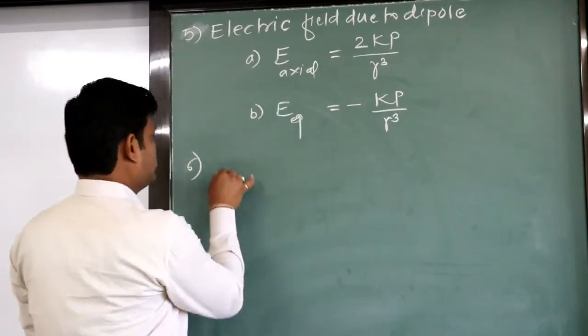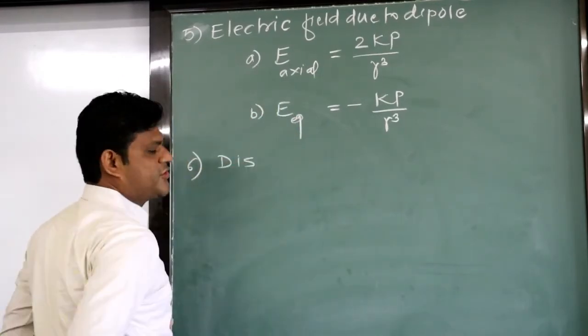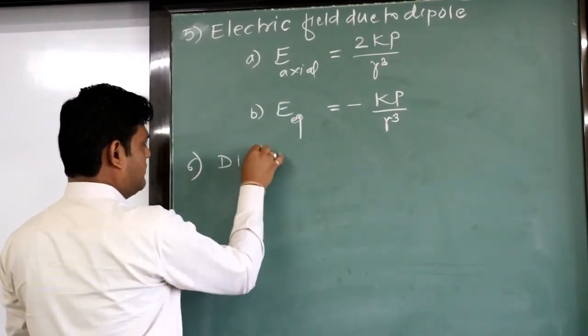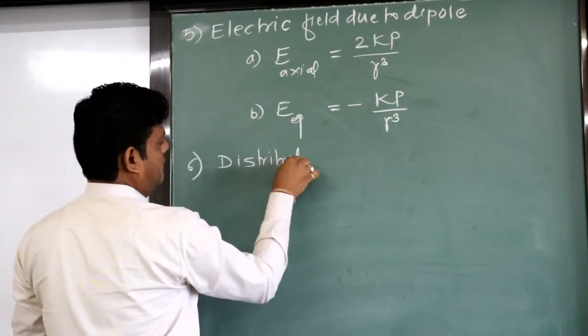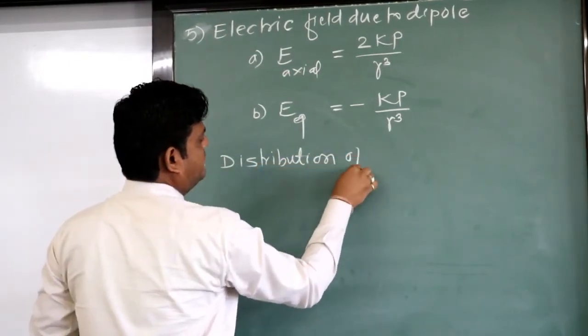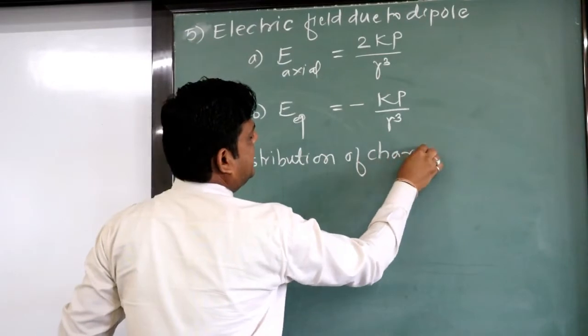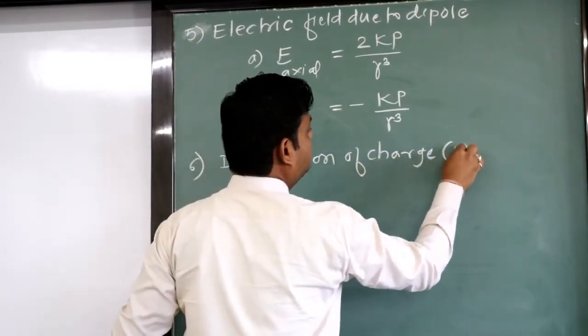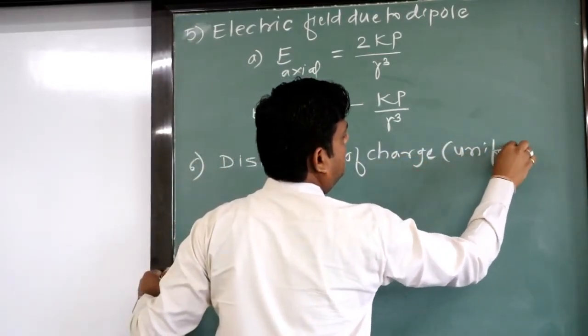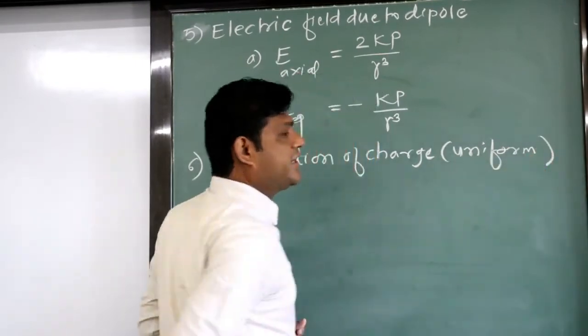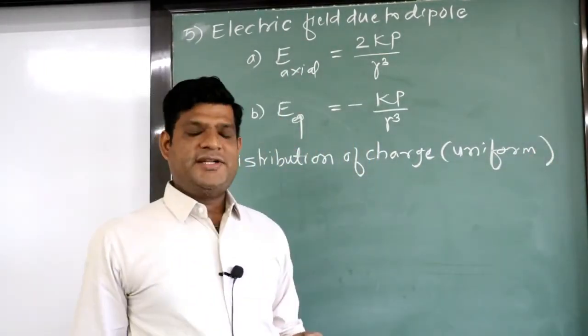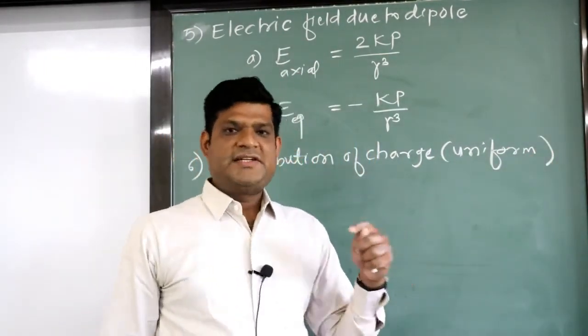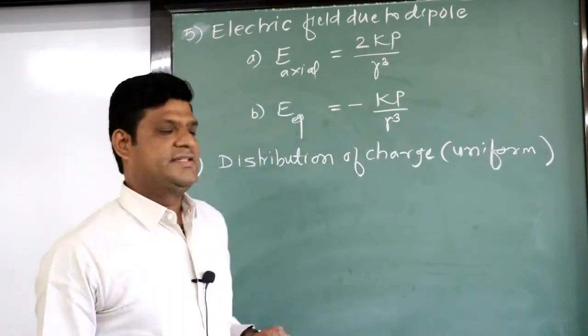In that distribution of charge, see, uniform distribution of charge. What type of distribution? That is uniform distribution, right? In that we studied line charge density, surface charge density, and volume charge density.